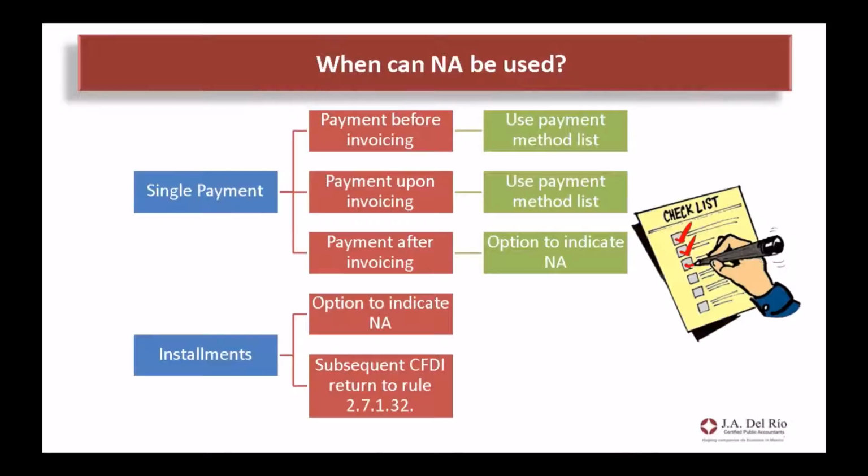Now here we have a chart that can give us some guidance as to how we can use either the expression NA or the catalog for method of payment. First, we have to understand if the transaction is carried out in a single payment. So, okay, if the payment was done before the invoice, we have to use the catalog for method of payment. We cannot use NA because it's one of the exceptions.